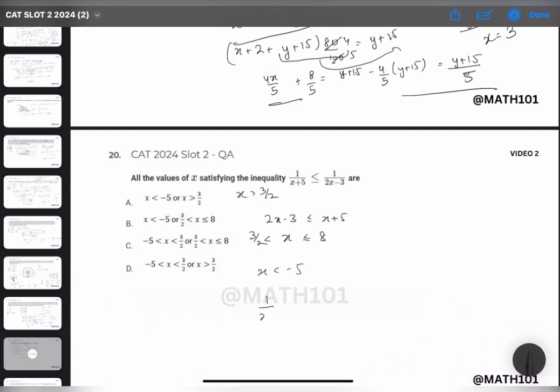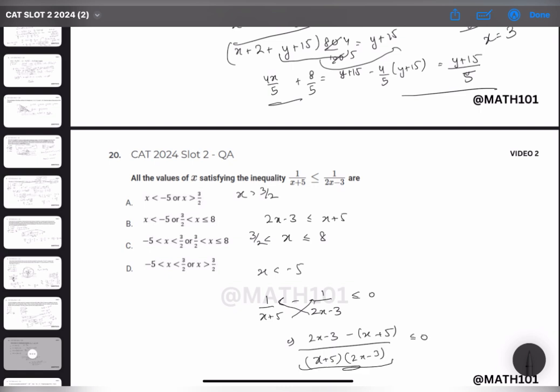To find the solution of 1 upon x plus 5 plus 1 upon 2x minus 3 is less than equals to 0, is that 2x minus 3 minus x plus 5 upon x plus 5 into 2x minus 3 is less than equals to 0.